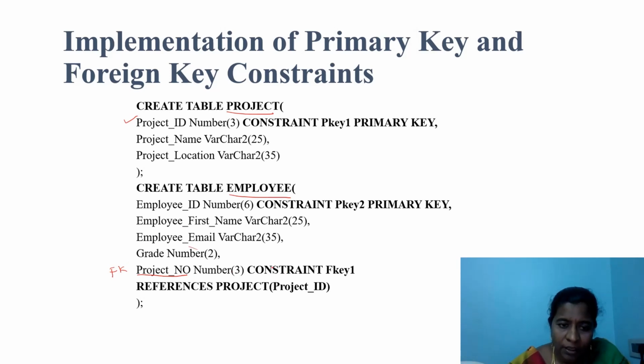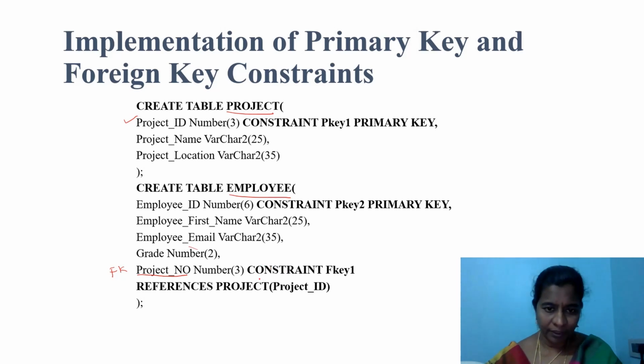Here, to define a foreign key, you give a constraint name. Whatever constraint name you want to mention, you can give. Here we have given F key 1. And this attribute references the project ID of the project table.